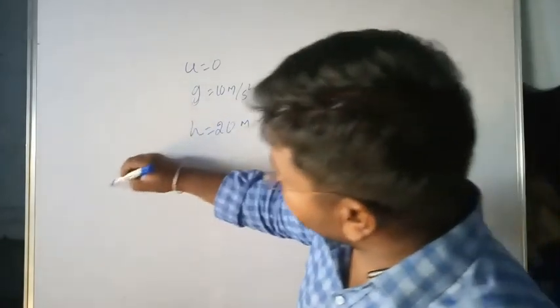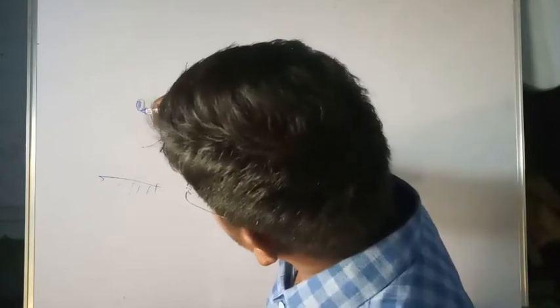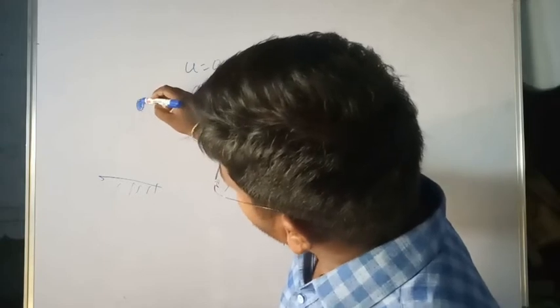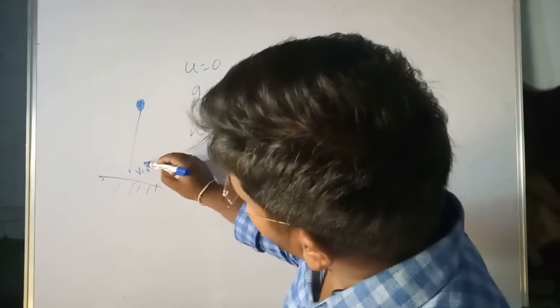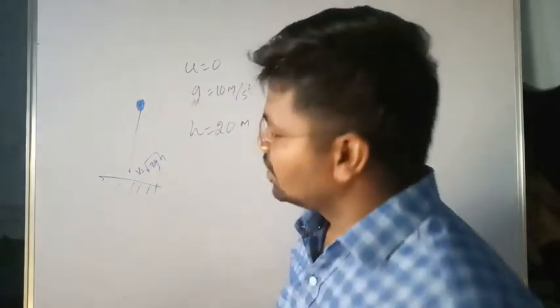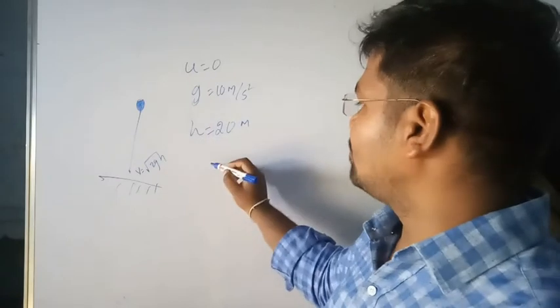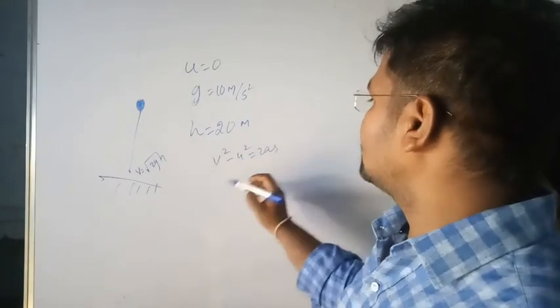Okay, here this is the ground, here a ball or a particle. The particle is freely falling. So what is the velocity? We know that v is equal to root of 2gh. How can we get this? From v square minus u square is equal to 2as.